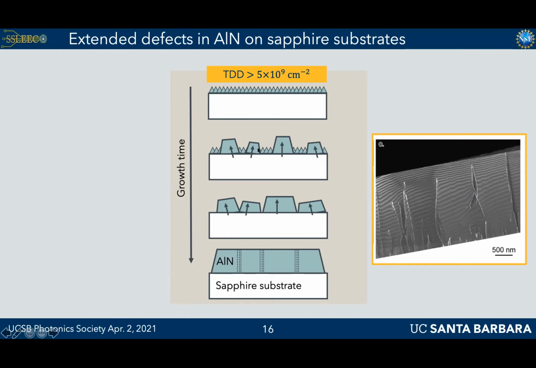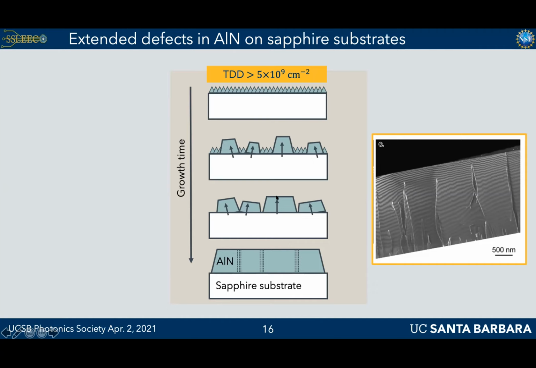The good news is that these larger islands are typically almost defect-free, because they're basically growing on a fully relaxed nitride layer. So the islands are almost dislocation-free, and they grow, and eventually they coalesce into a film. Really the only dislocations you get, for the most part, are at the coalescence boundaries between these islands, which are slightly misaligned.